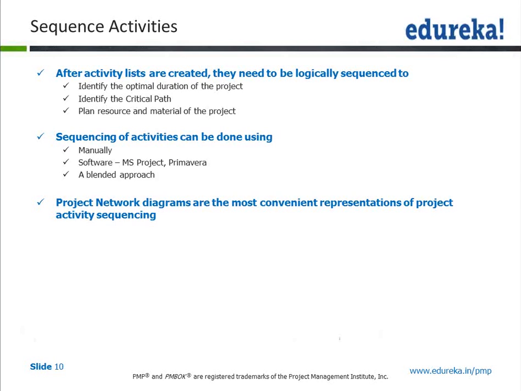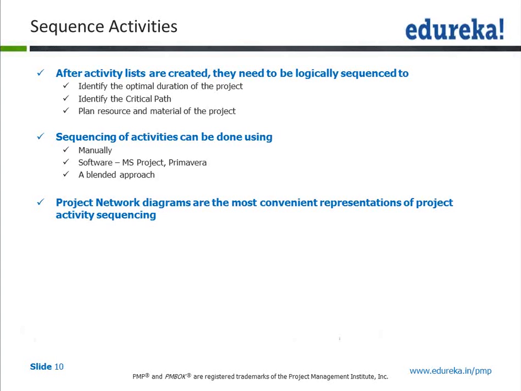So what happens is, as a project manager, it is not possible for you to look and monitor each and every activity that is happening in a project. In an IT project maybe yes, but even in an IT project which is a bigger project, there will be some thousands of activities.